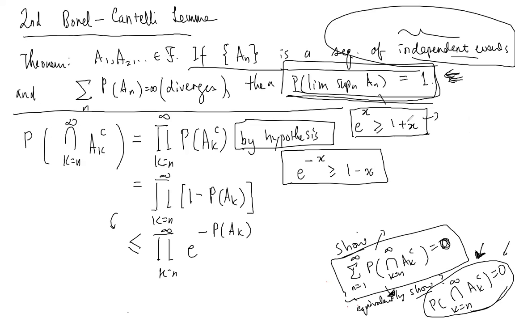This one you can show very easily by infinite series, right? Because your left-hand side is equal to 1 plus x plus x squared over 2 plus many more terms, right? And this is your so-called Maclaurin series, right? Maclaurin series.